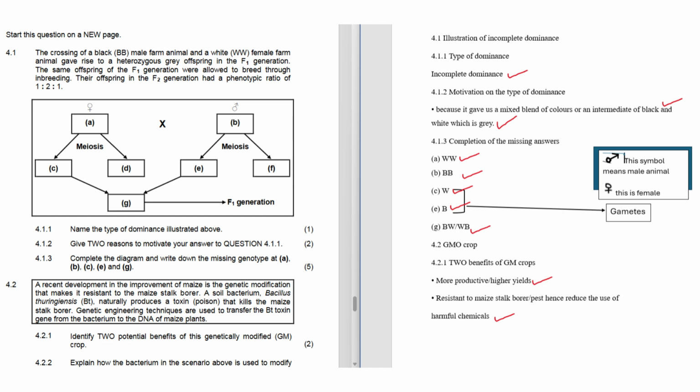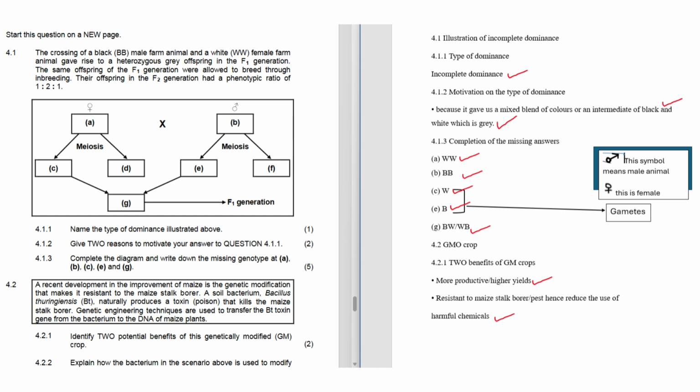A soil bacterium, Bacillus thuringiensis, which is Bt, naturally produces a toxin, which is a poison that kills the maize stalk borer. Genetic engineering techniques are used to transfer the Bt toxin gene from the bacterium to the DNA of maize plants.